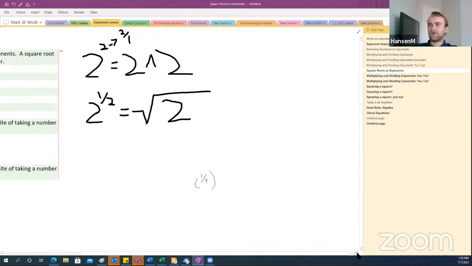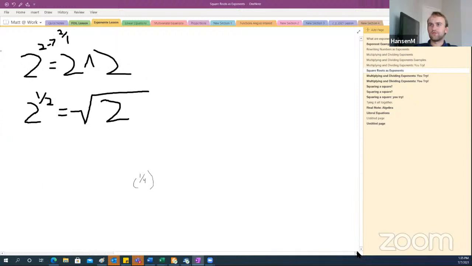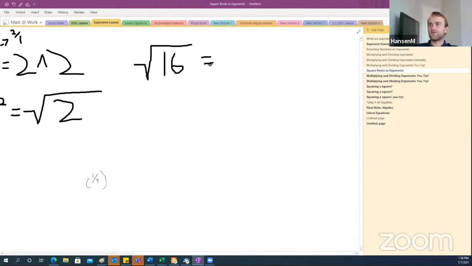What that square root does is it tells us to work backwards and find out what number multiplied by itself is equal to that number. As a couple of examples, it's kind of hard to evaluate the square root of 2, so we're not going to evaluate that one. We're going to say, what is the square root of 16? To find it, you work backwards and say, what number times itself is equal to 16?